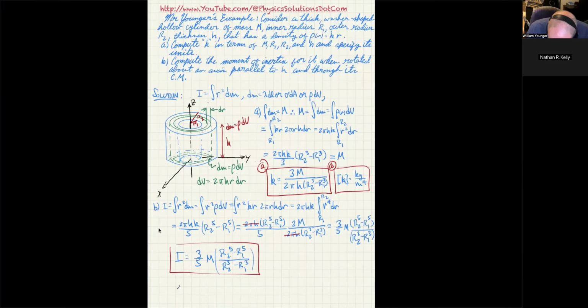So this is like example 10.13, except rho equals a constant in that example.